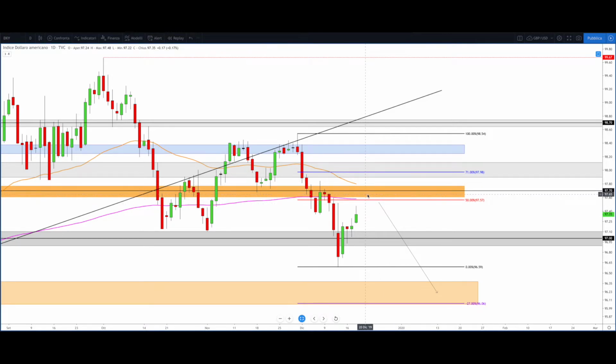So for this week, we need to watch the price action carefully, trying to understand if the price will find the strength to go higher and reach this area before the next bearish phase.